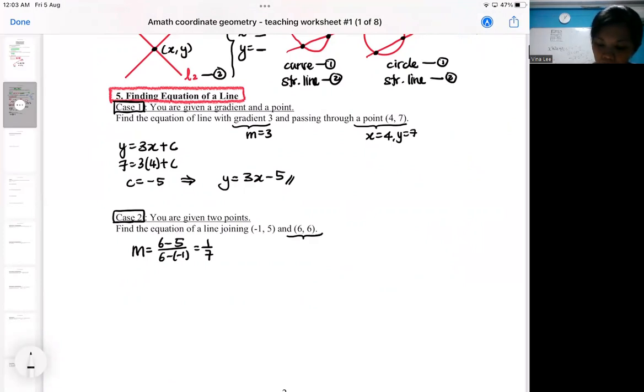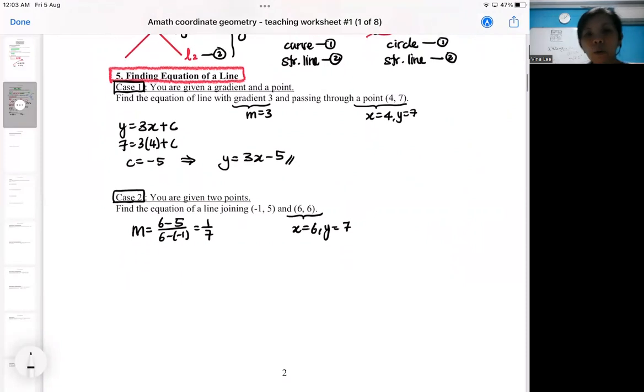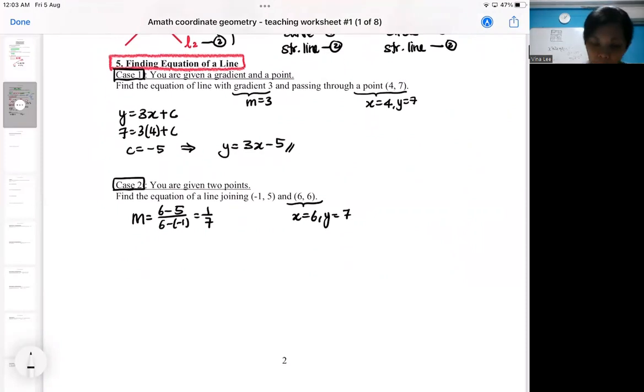So maybe I will choose this one. Whenever you want to find an equation, it will always be mx plus c, and you will always need a gradient and a point. So once you get a gradient and a point, that's how you carry on.